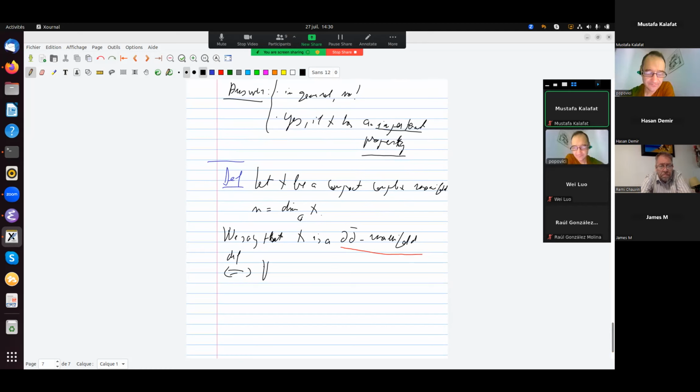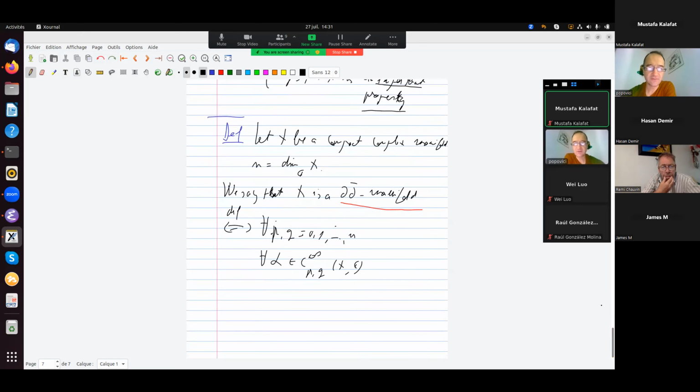For every k from 0, 1 up to the real dimension 2n, or let's say rather for every p and q, so in any bi-degree, for every p and q from 0, 1 up to the complex dimension n, and for every C-infinity (p,q)-form alpha on X, the following equivalences hold.